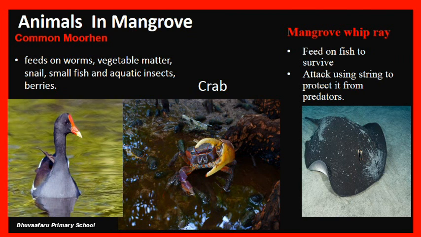Animals in mangrove. It feeds on worms, vegetable matter, snails, small fish, aquatic insects, and berries. Mangrove whipray. It feeds on fish to survive, and attacks using stings to protect itself from predators.